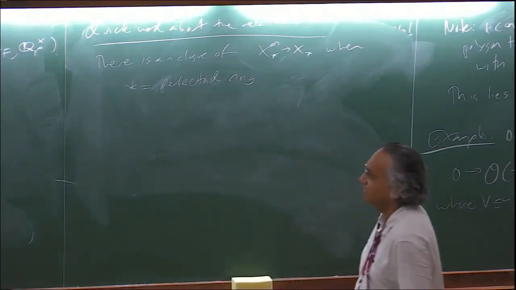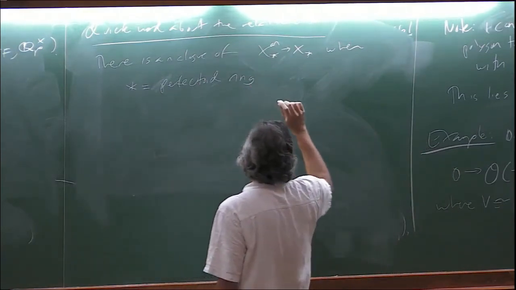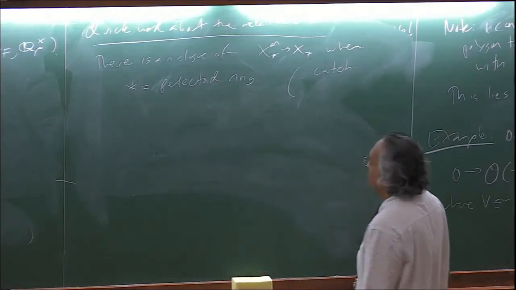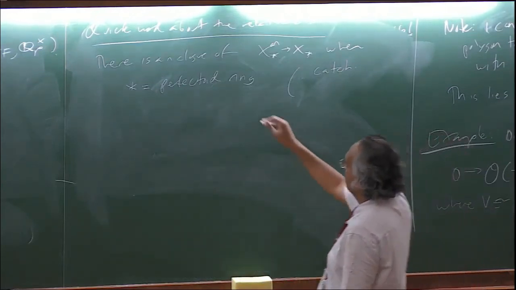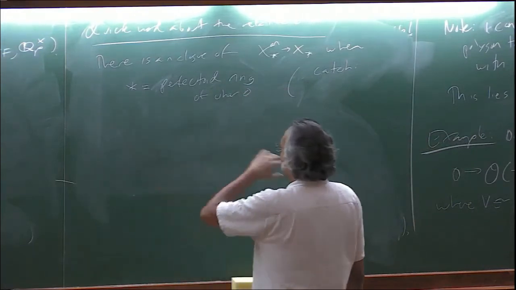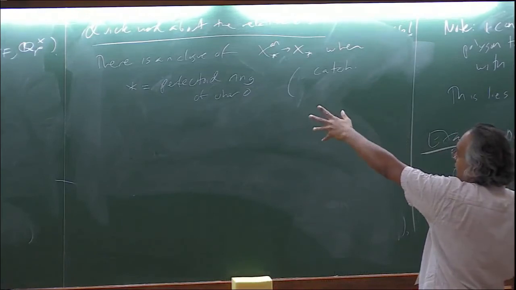So let me start with the case of a perfectoid ring of characteristic p. If you start with something in characteristic 0, well, I'll say about untilts. So there is an analog of this picture over a base perfectoid ring.